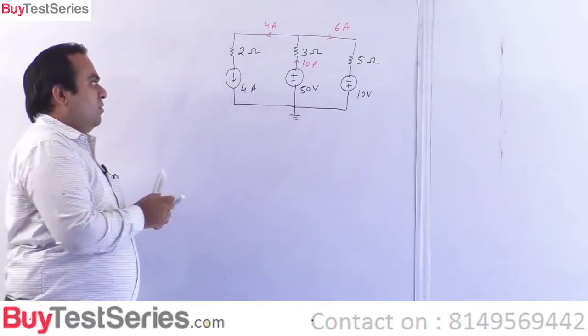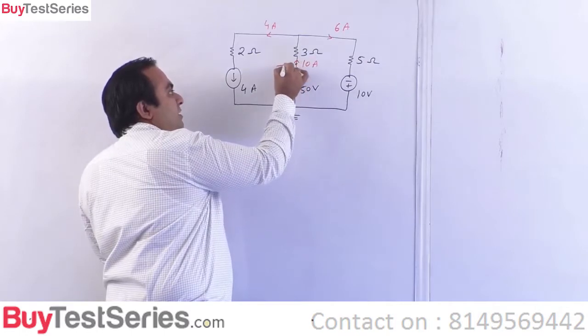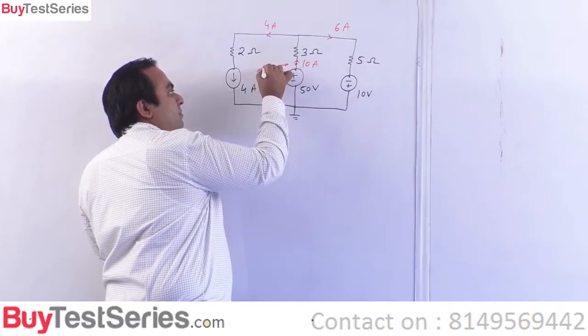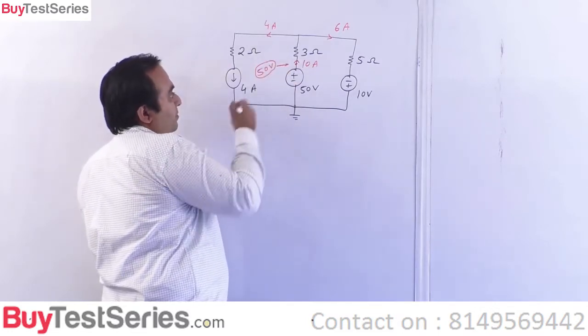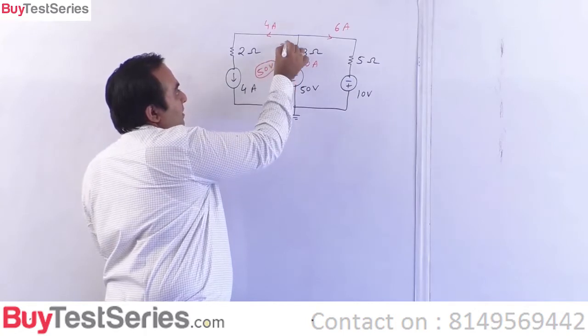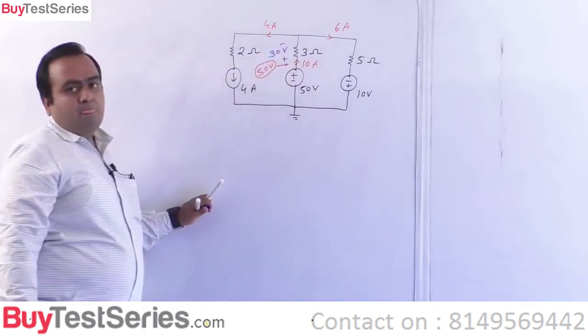As you can see, the voltage at this point is 50 volt with respect to reference. This is 50 volt at this point. This voltage drop must be 30 volts.